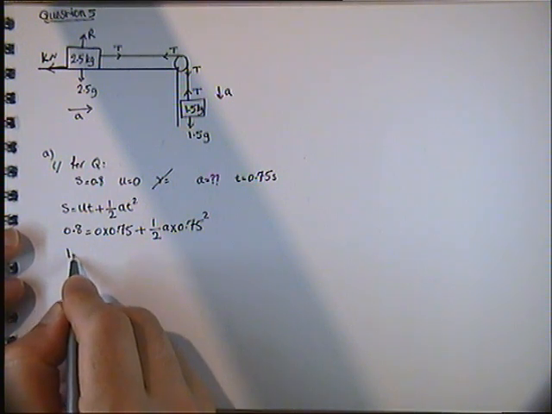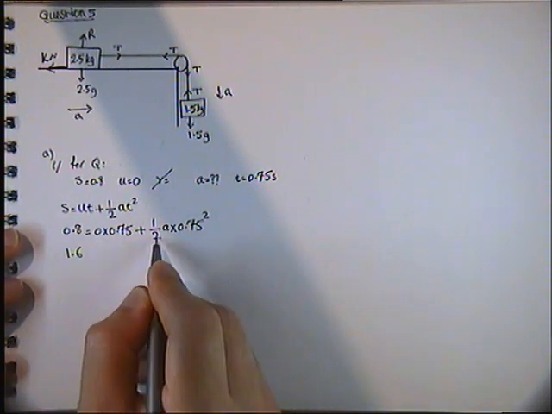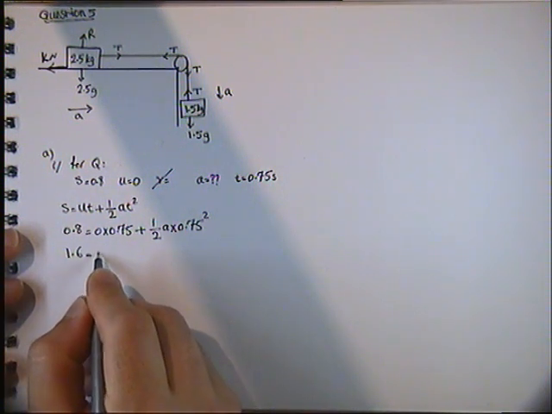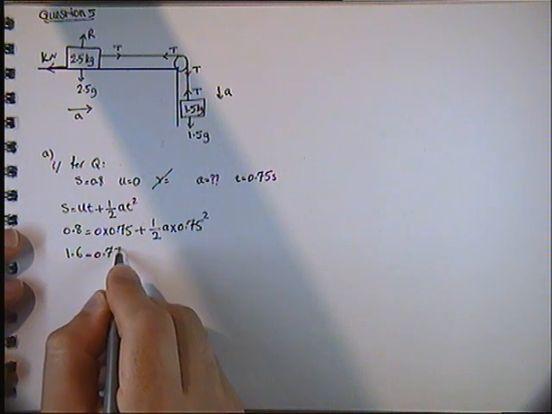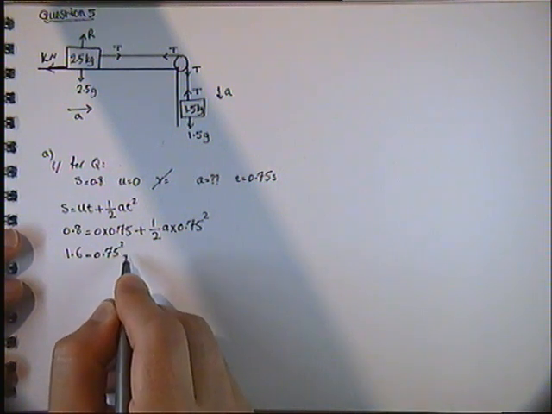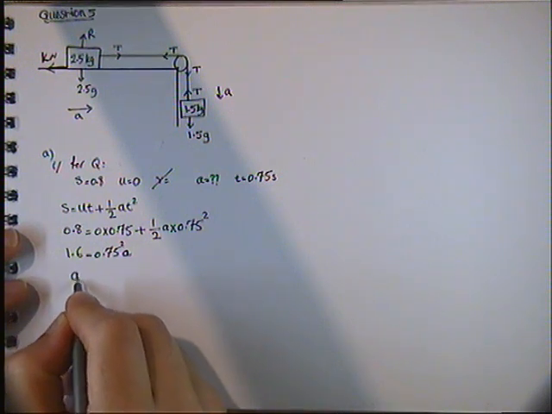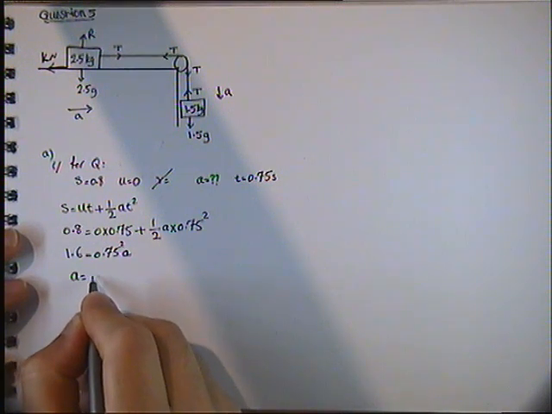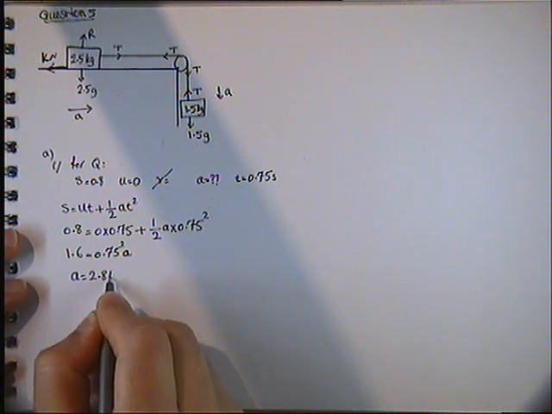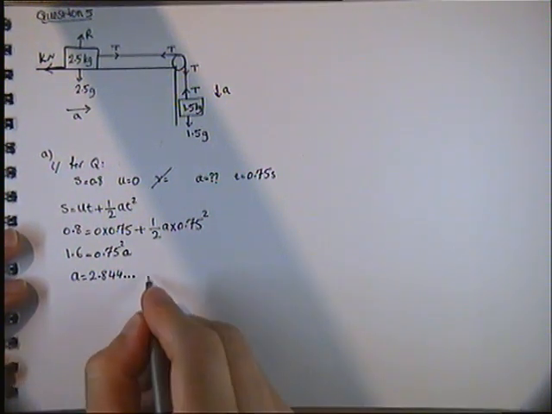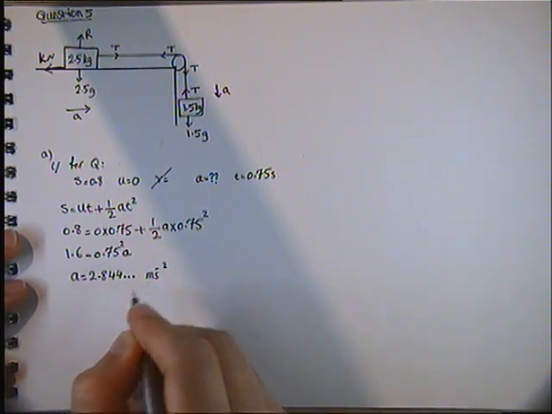So 1.6, this one becomes 0. 2 times 0.8 is 1.6, which is equal to 0.75 squared A. Divide both sides by 0.75 squared. You should get A equals 2.844 and so on, meter per second squared.